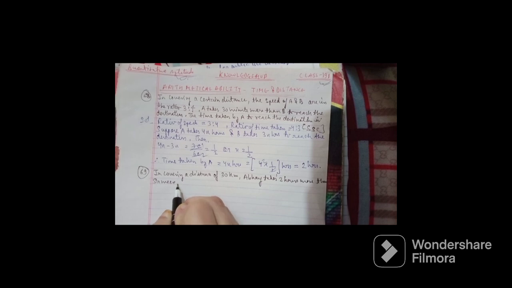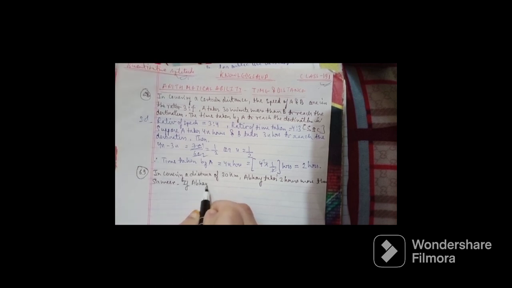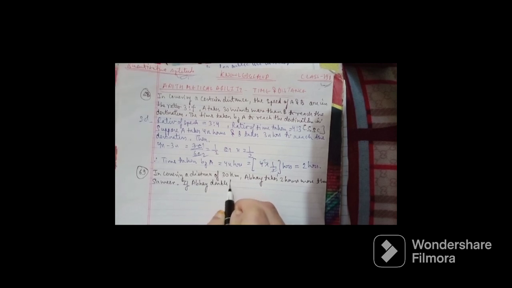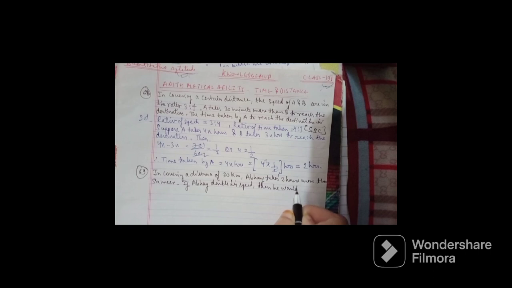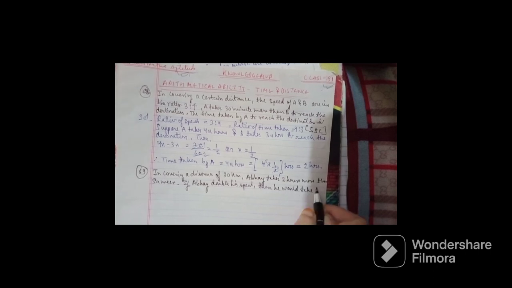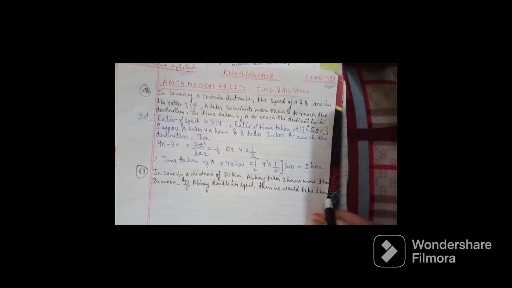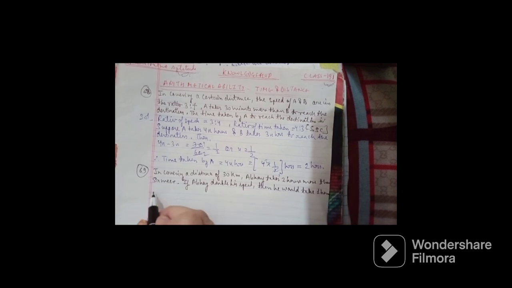If Abhay doubles his speed, then he would take 1 hour less than Sameer.